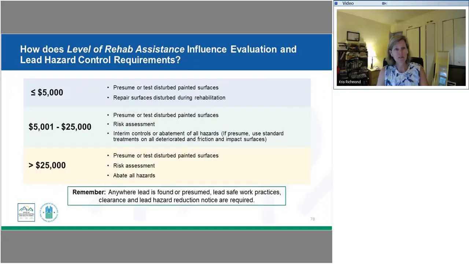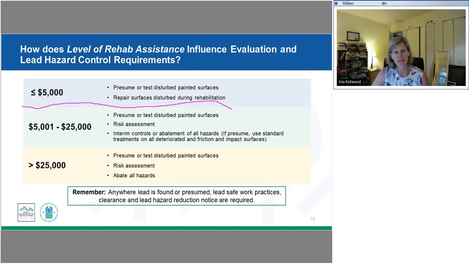Right, so how does the level of rehab assistance influence the evaluation and the lead hazard control requirements? Let's pull this apart just a little bit, and then Les is going to go into some more detail about the different testing and the different hazard control requirements. So in the first box here, the equal to or less than 5,000 category, you can presume. Now, I want to tell you, you can presume for all these different categories, but if you decide not to presume, you're going to be testing the surfaces that are going to be disturbed.